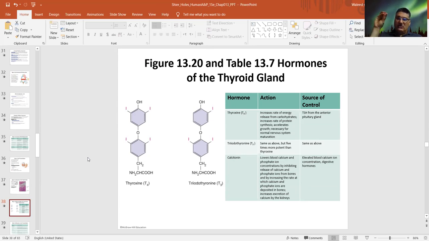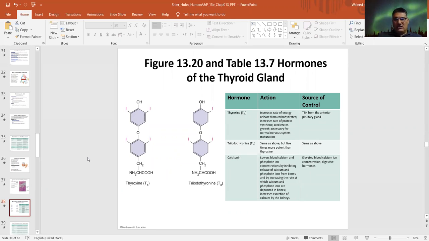And because you need more oxygen, in order to carry this oxygen, you need to accelerate the heart rate itself, which is also one of the effects. If you're increasing this, you're making more energy. When you make more energy, you're going to lose a good part of it in the form of heat. So it will increase your body temperature. Put all of these together, and this is the action of the thyroid hormone.